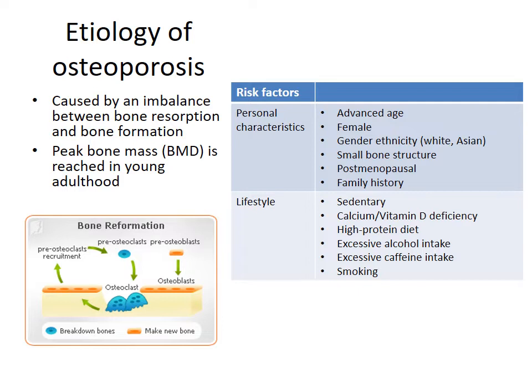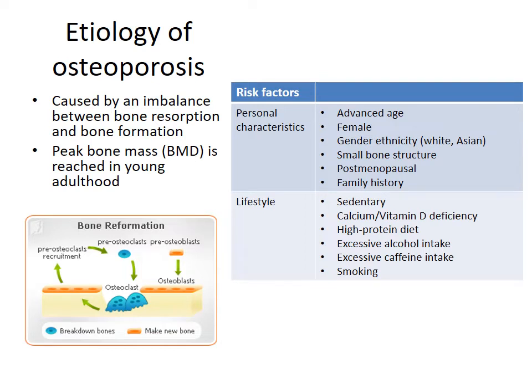So there are a number of risk factors that can increase the risk of osteoporosis. As I mentioned, being female is a big risk factor, being of advanced age. And by advanced, I mean postmenopausal. The estrogen that is circulating in the body prior to menopause protects bone.